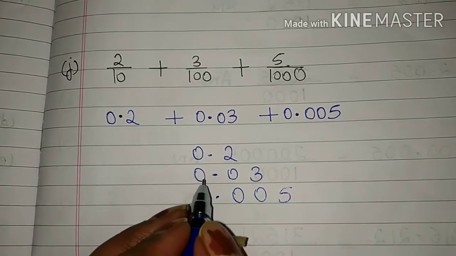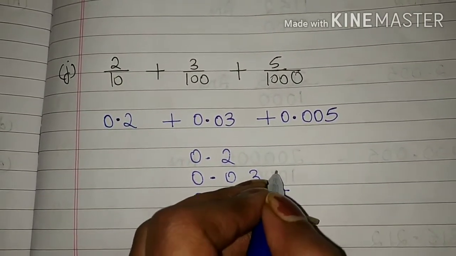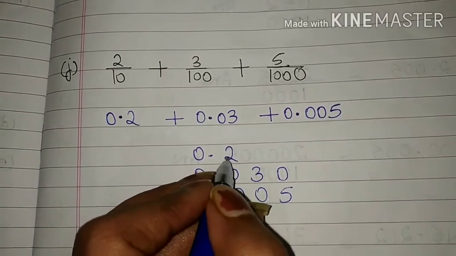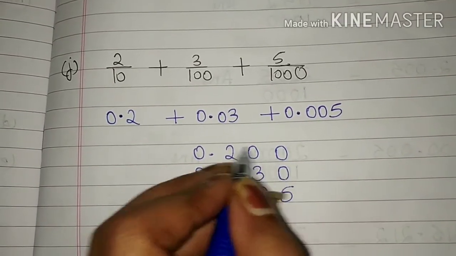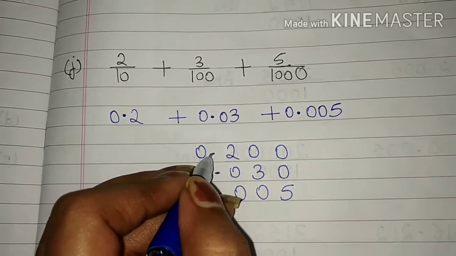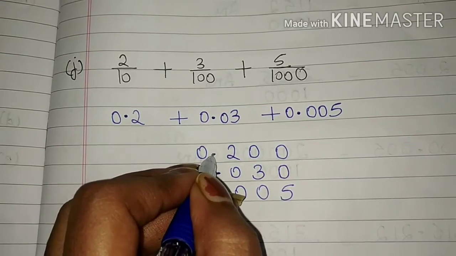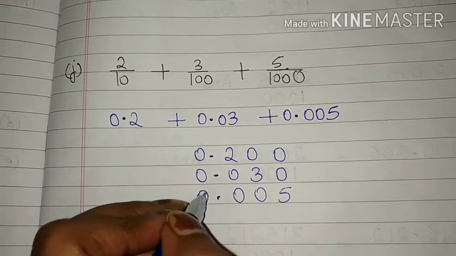Students, just to make a calculation easy, if you want, you can write here 0. Here also, you can write here 0, 0, just to make a calculation easy. Now students, always remember that we will put a decimal point one below the other. Now we will add all these numbers.